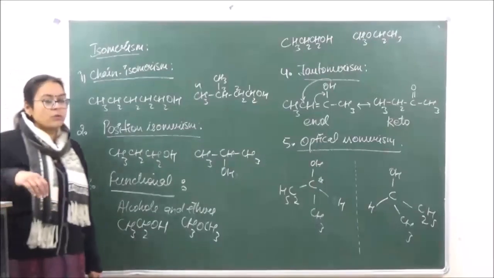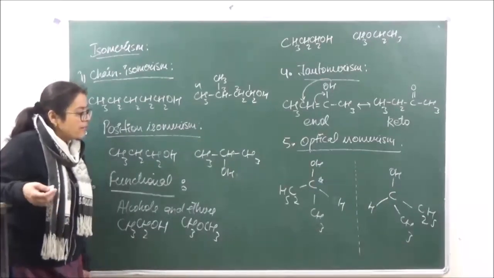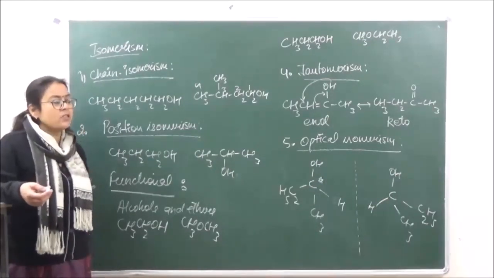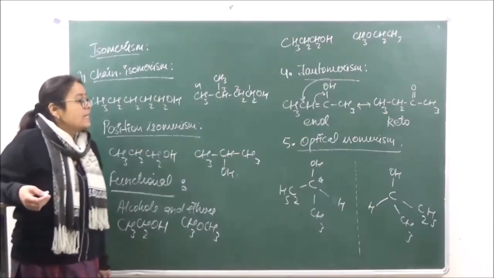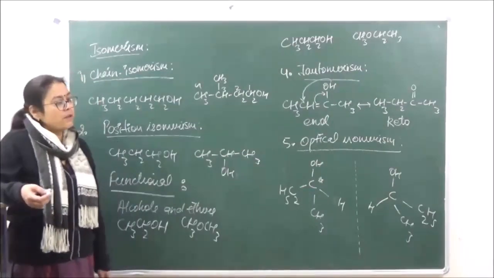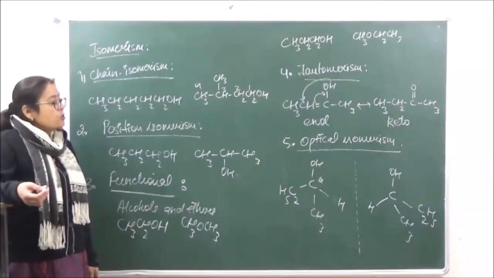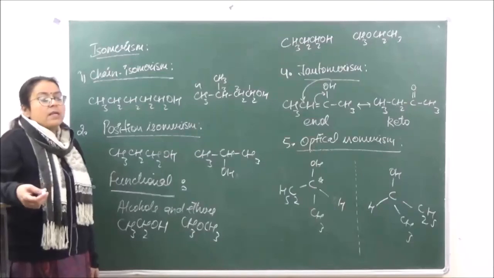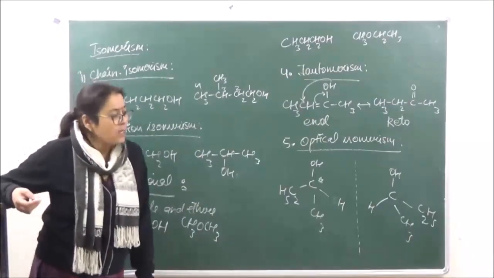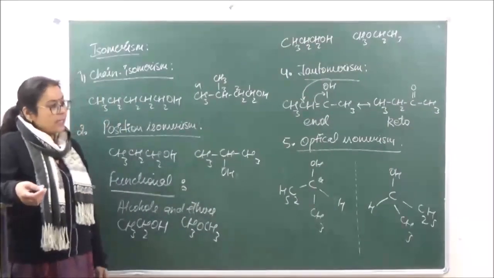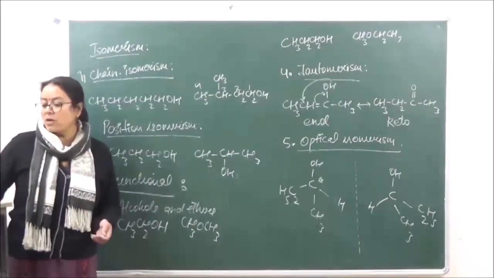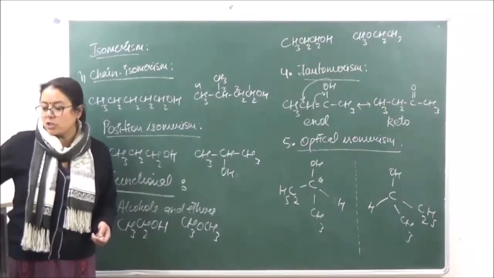A 180-degree rotation is given to this, where the C2H5 is replaced by CH3 and the CH3 is replaced by C2H5. They are going to be non-superimposable mirror images of each other, therefore they are going to be optically active. So all those which have a chiral carbon atom over here are going to be optically active.